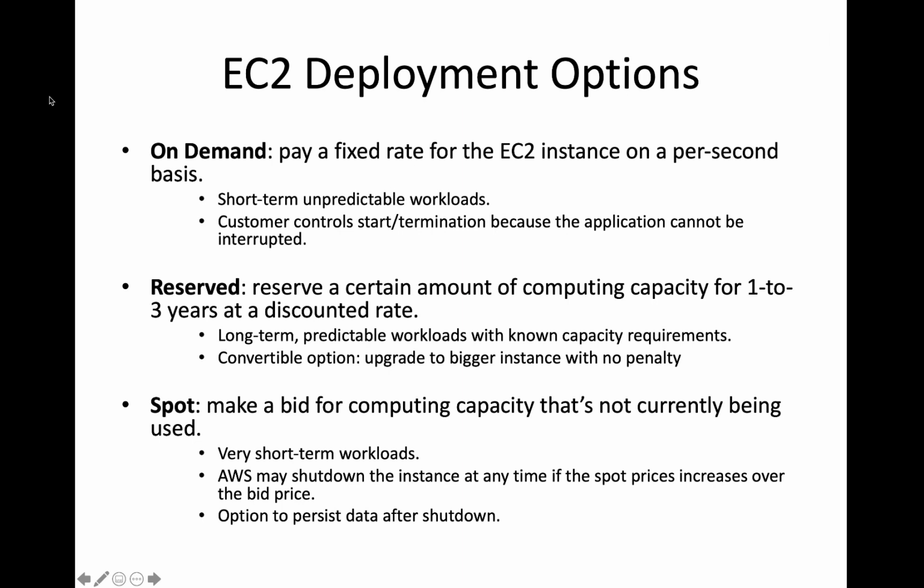And we'll talk about server sizes here in a bit. But there might be cases where you start off using a smaller instance size, a smaller server, and then later on you want to upgrade to a larger server because your business has grown and your needs have grown. And that's where the convertible option makes sense.